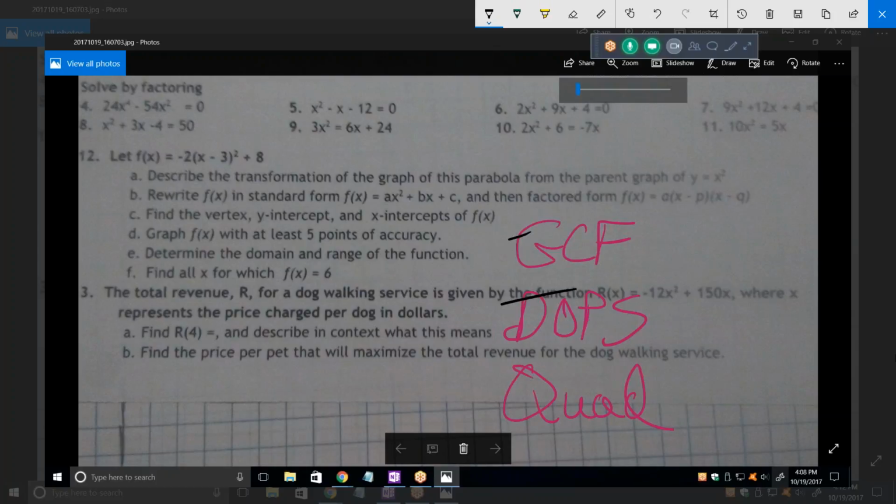So the DOPES. Now, hold on. Let's start with GCF. For 5, is there a greatest common factor? No. Correct. Is it difference of perfect squares? Yeah, difference of perfect squares, usually you have something like x squared minus 9.